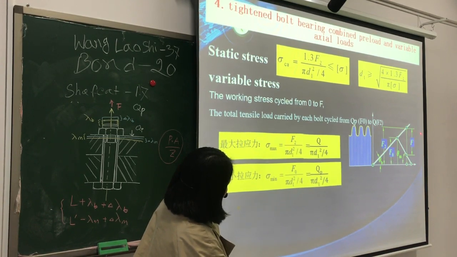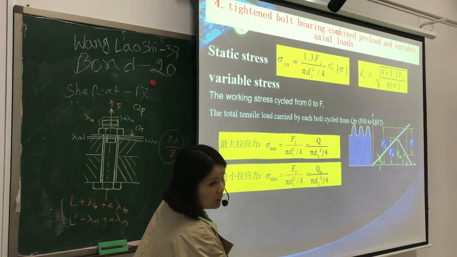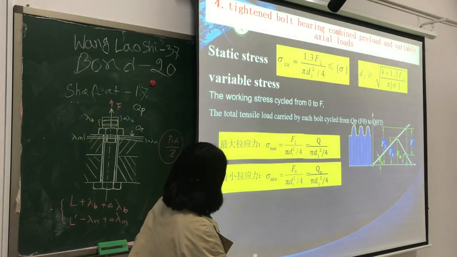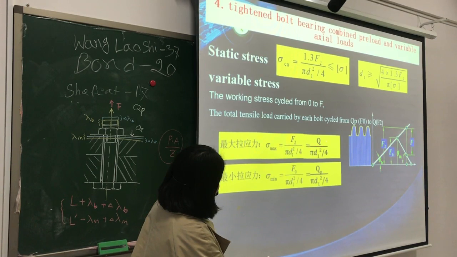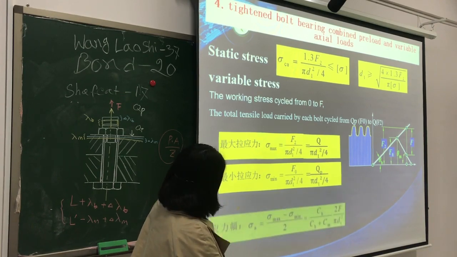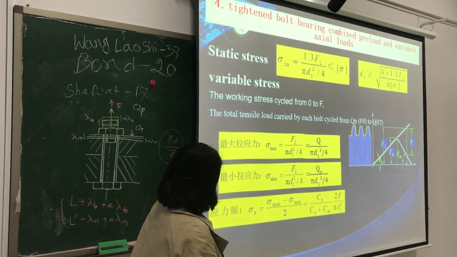F2 is F plus the remnant preload. We can calculate the maximum stress using this. Q is F2, and the minimal stress is this, and we can calculate the stress amplitude using this.